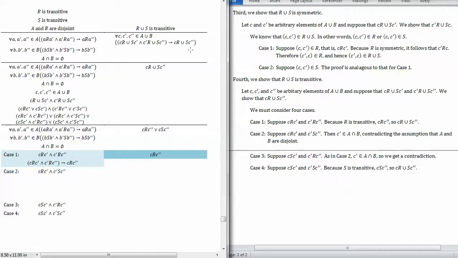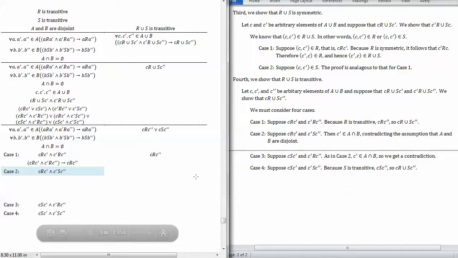So this is all happening within R. Okay. Now in case 2, here I have sort of one arrow from R, one arrow from S, so sort of one in the set A, one in the set B, and well, that can't happen, right?